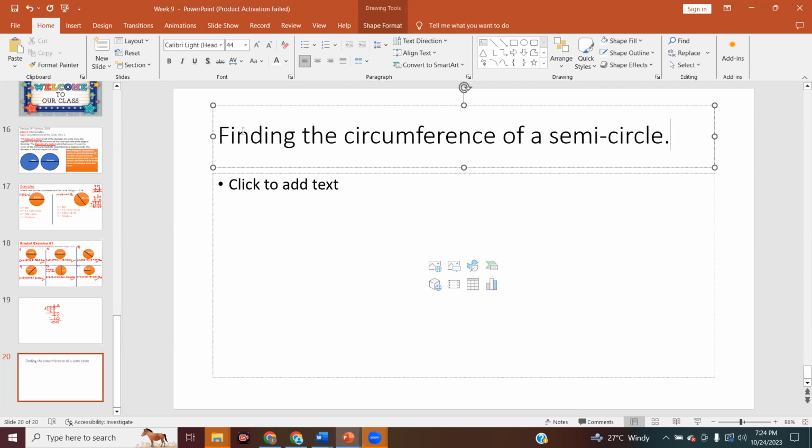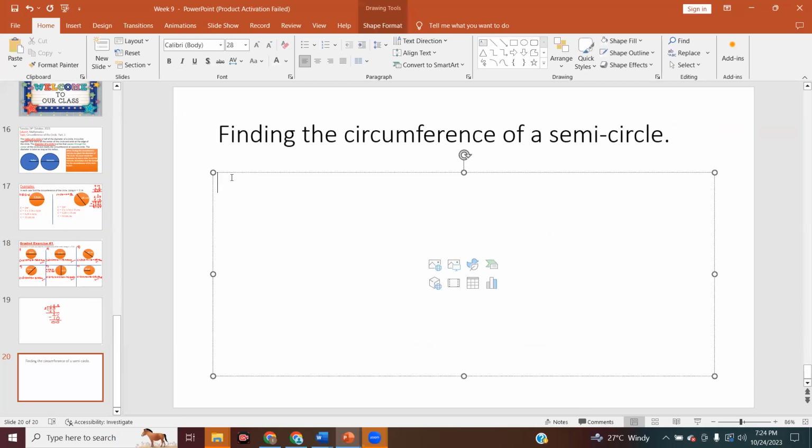So we say that half of a circle is called the what? It's called a semicircle. I didn't say half of the diameter. I said half of a circle. It's called a semicircle.